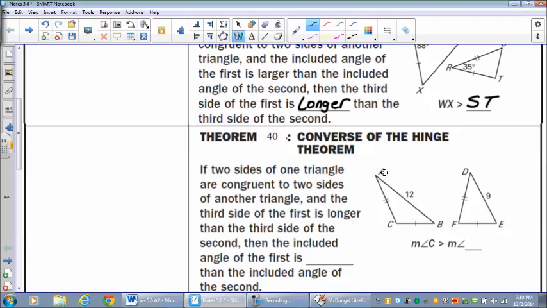Here it says if AB is longer than DE, which you can see, one has a 12 and one has a 9, then its corresponding angles, 12 goes down to the C angle and the 9 goes down to the F angle, mean that C has to be greater than angle F. So over here in our blank, if the third side of the first is longer than the third side of the second, then the included angle for the first is larger than the included angle of the second. So in the blank, we're going to write the word larger.